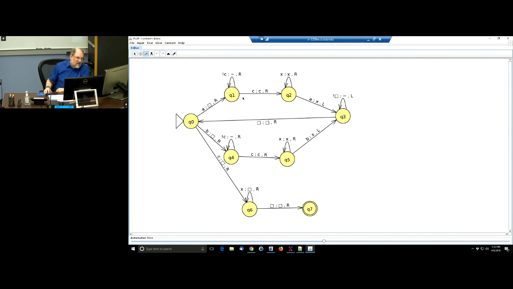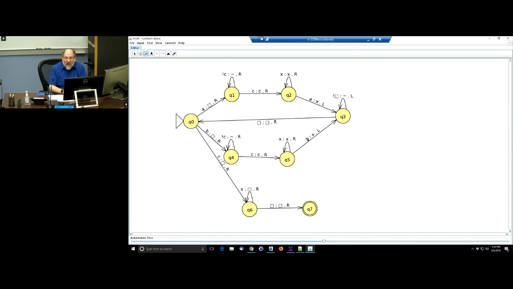The idea here is that if you look at what's happening in Q0, Q1, Q2, Q3 versus Q0, Q4, Q5, Q3, we've got two branches that are very symmetric. And they're only there because, in essence, when I'm making the transition to Q3, I have to remember whether the thing that started this off a long time ago was an A or a B, back when I first left Q0.